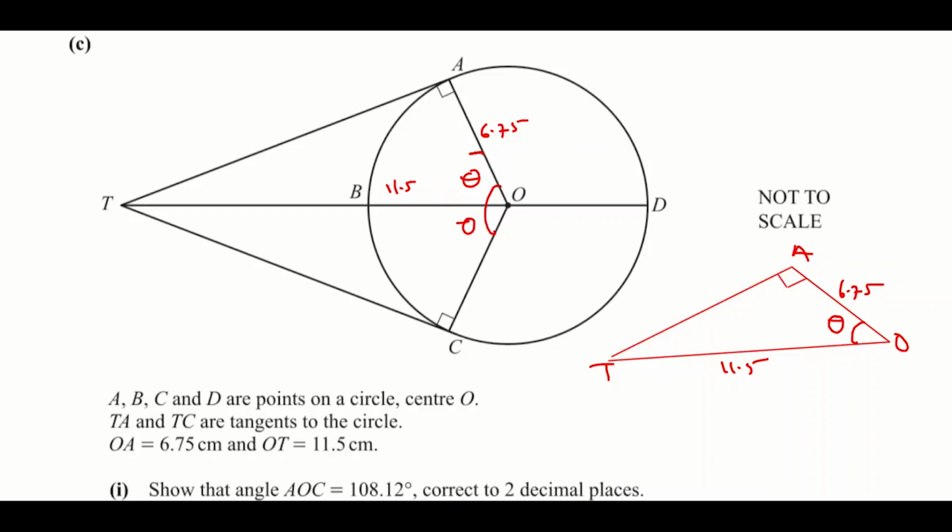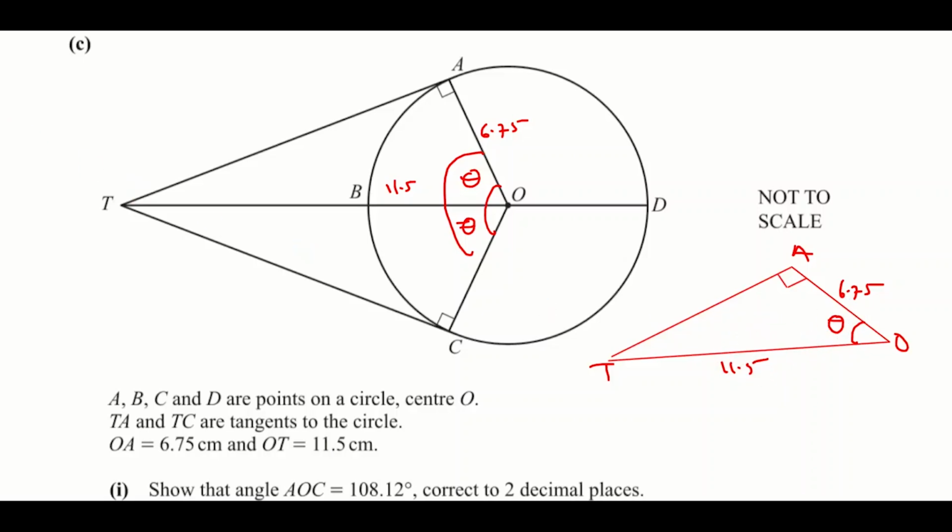That means we need to find the whole of this theta. Once you know the value of theta, we just multiply it by 2. So using trigonometric ratio, this is opposite, this is adjacent, and this is hypotenuse.